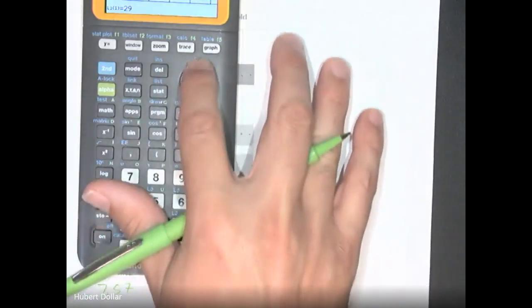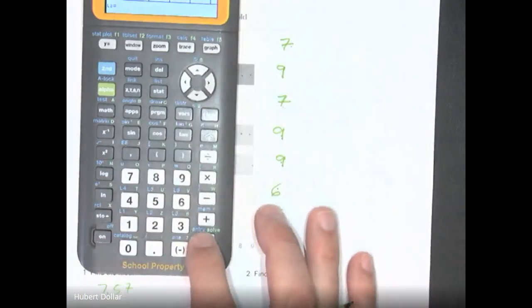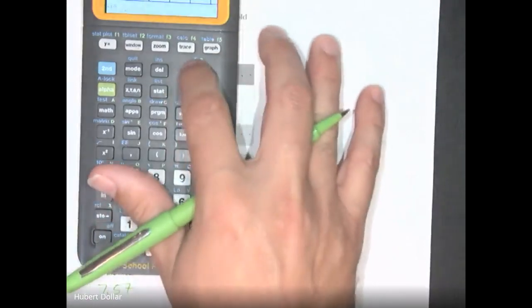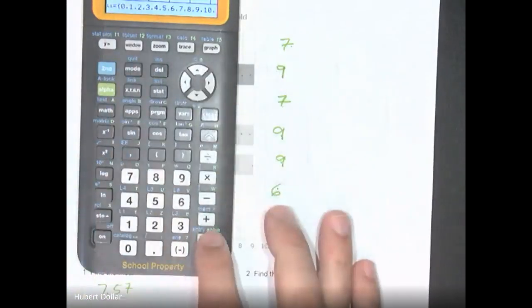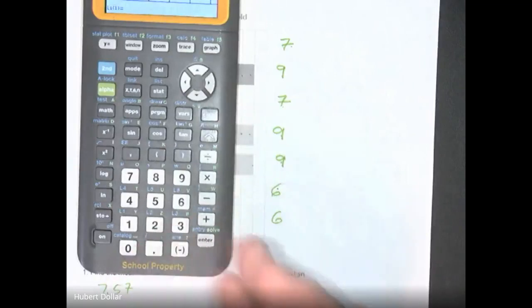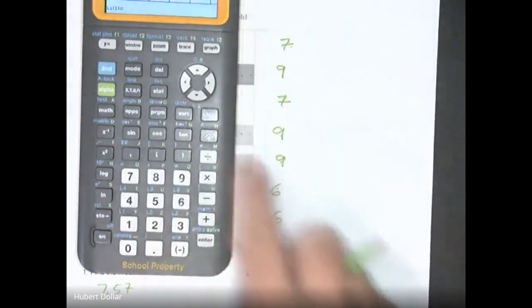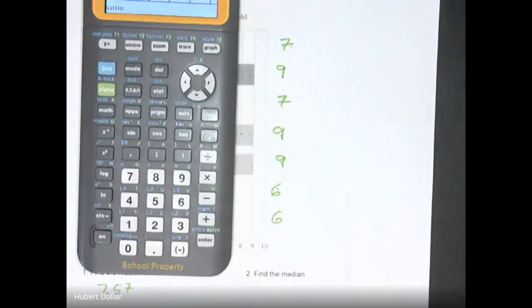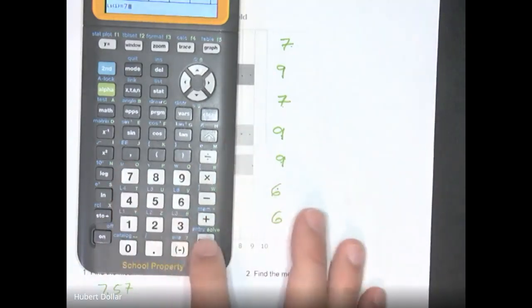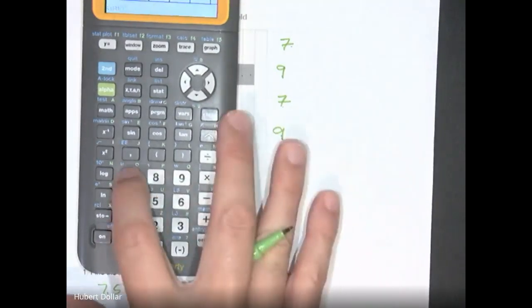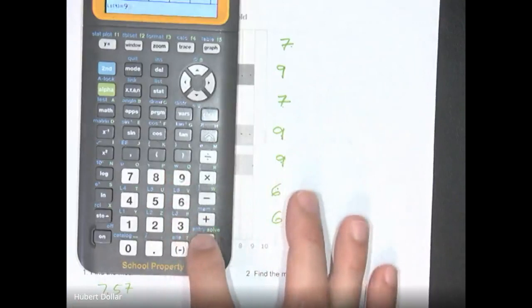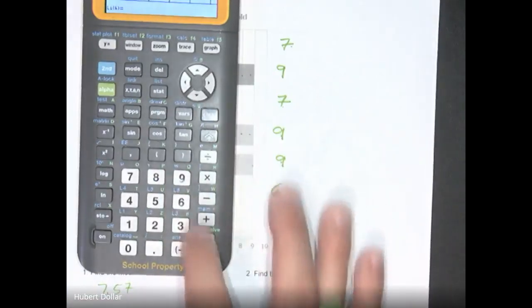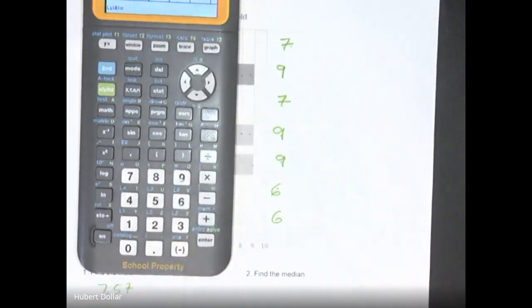Now we have stuff in there, so if you use the up key and hit clear, hit enter, it goes away. Once again, go over to where it says L1, hit clear, hit enter, and it goes away. And we're going to put our data into that first column. So we're going to put 7, enter, 9, enter, 7, enter, 9, enter, 9, enter, 6, enter, 6, enter.